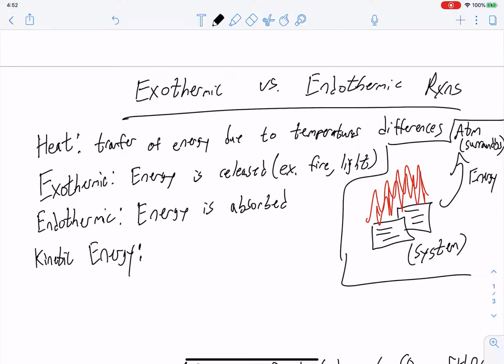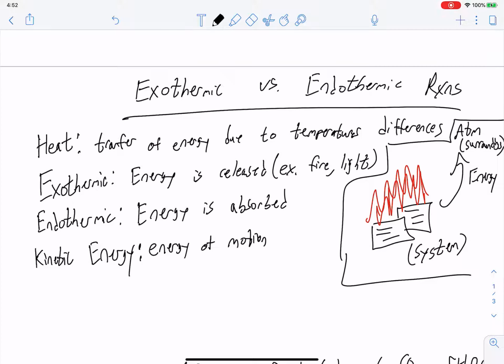And when we have an exothermic reaction, we also have kinetic energy changing, right? We talked about before that temperature is basically just the average kinetic energy. So this is the energy of motion. More heat applied will raise the temperature.